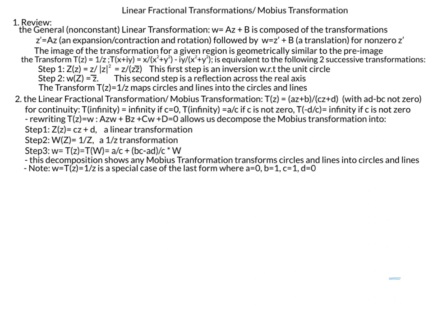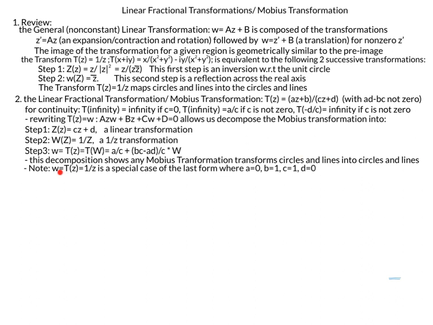And then the 1 over z does the inversion, but we know this inversion transforms circles and lines into circles and lines. And then last we have another linear transformation. So that's not going to do anything to the shape except maybe make it larger or smaller. So this entire decomposition, these three steps, still transform circles and lines into circles and lines.